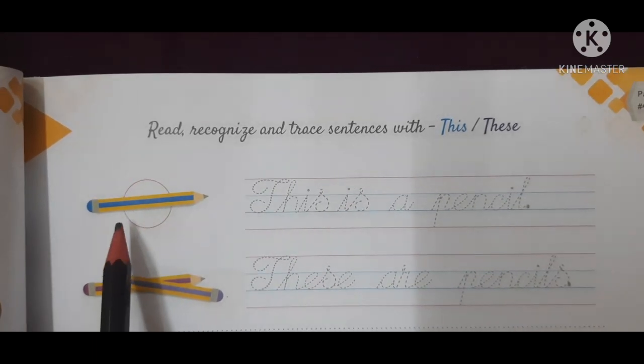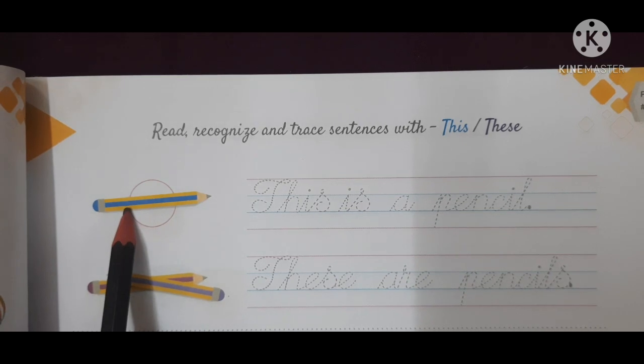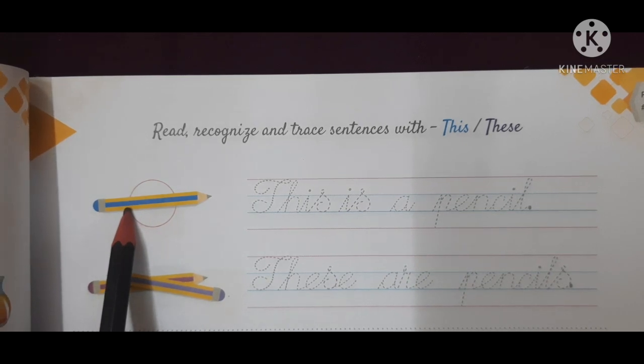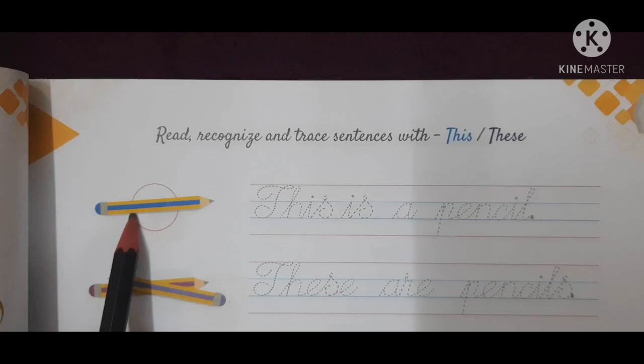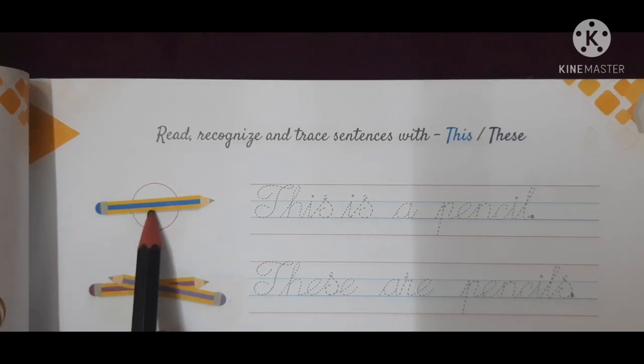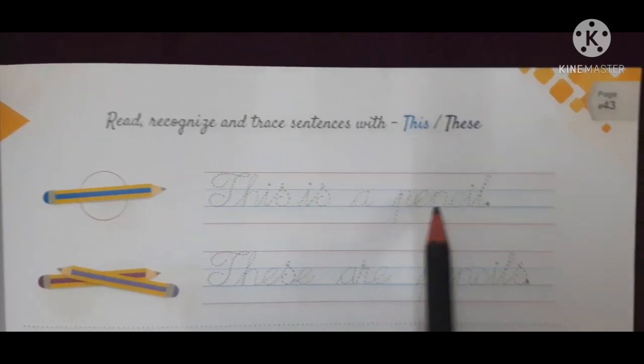Look at this picture. Only one object. So we are using the term this, and it is arranged near to us. So this is a pencil. The same has been written here.